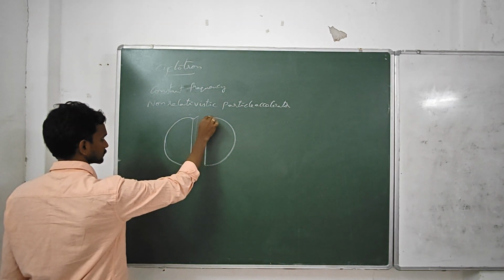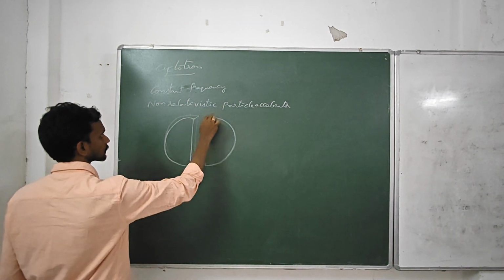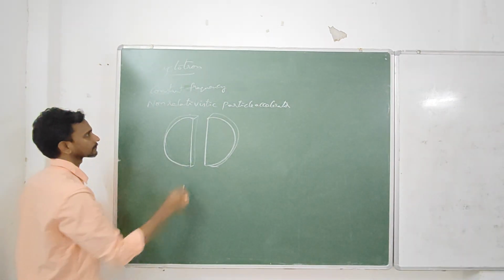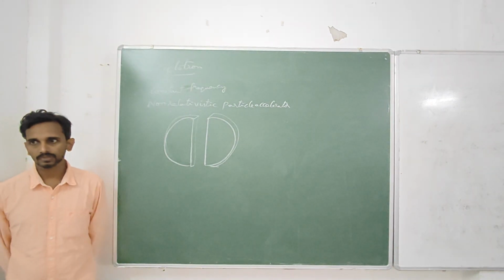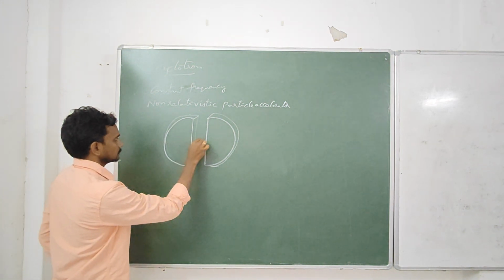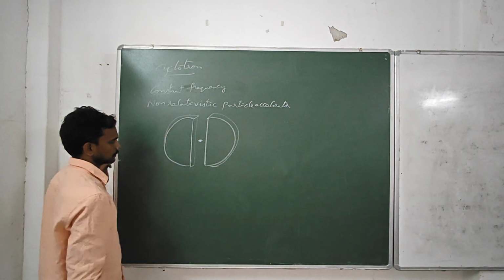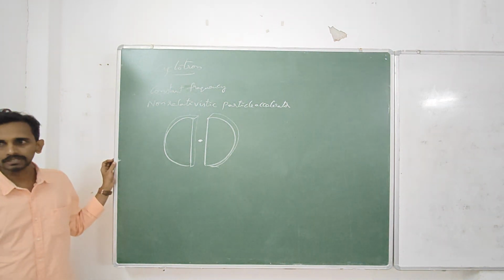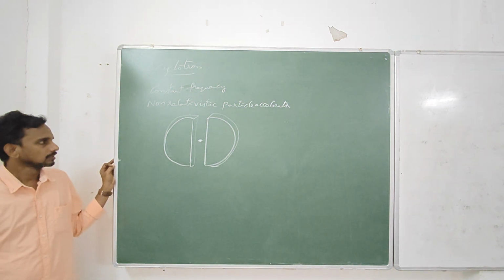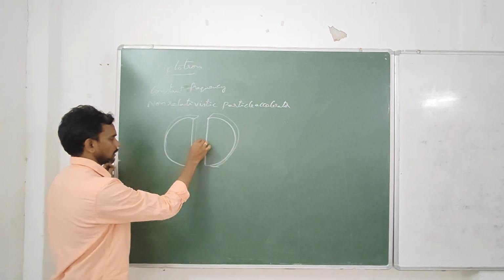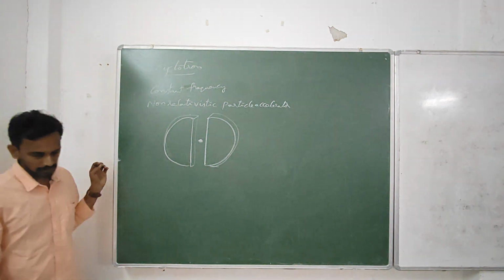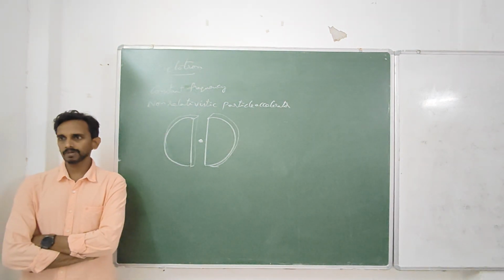So they look like this. Okay, and at the center of it, this particle generator will be there. It could be any radioactive element. It is used to accelerate charged particles using electric and magnetic fields.